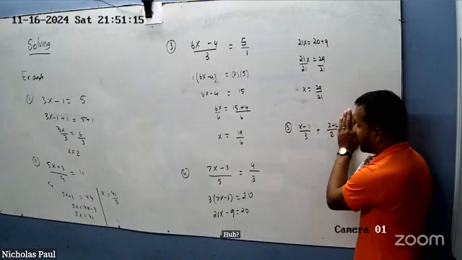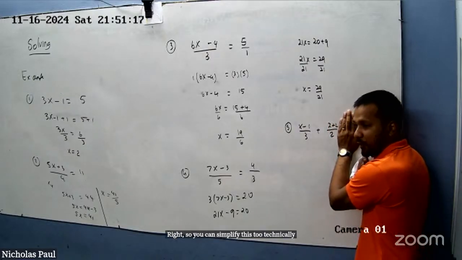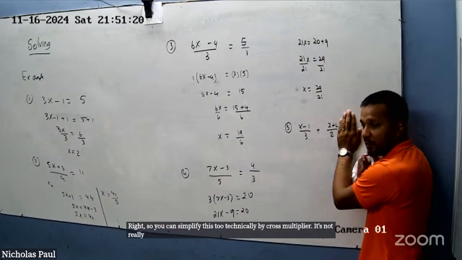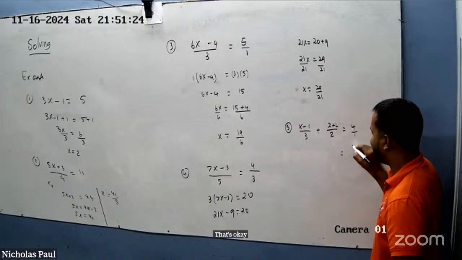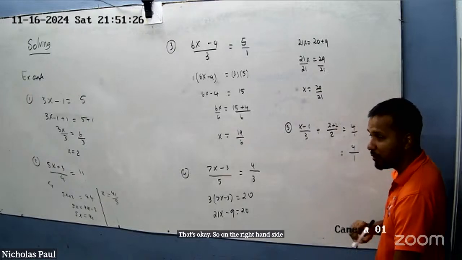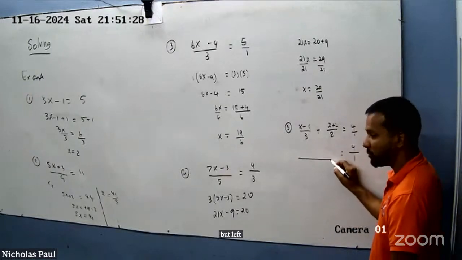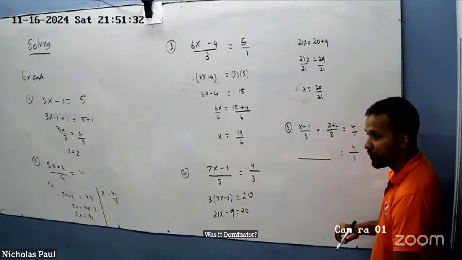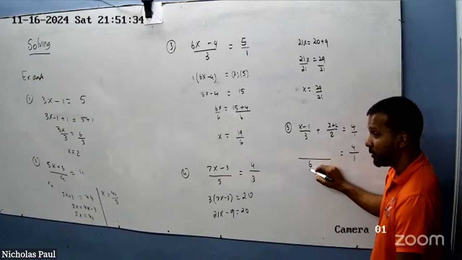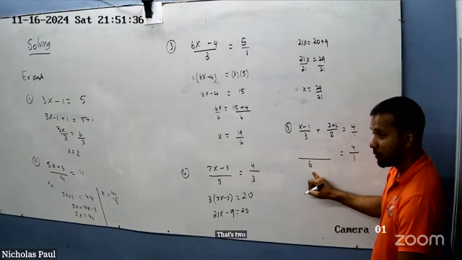So you can simplify these two technically by cross multiplying. It's not really cross multiplying, but it's like that. On the right hand side, it stays as 4 over 1. But on the left hand side, what's the denominator? 6, that's 2 by 3. What's the numerator?